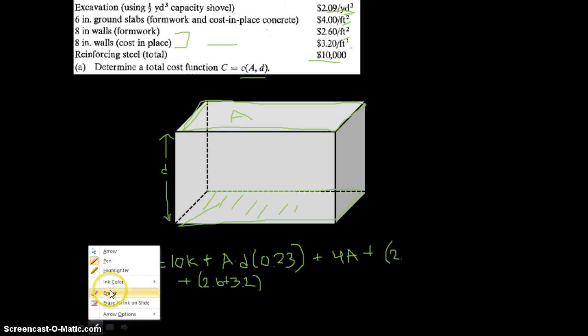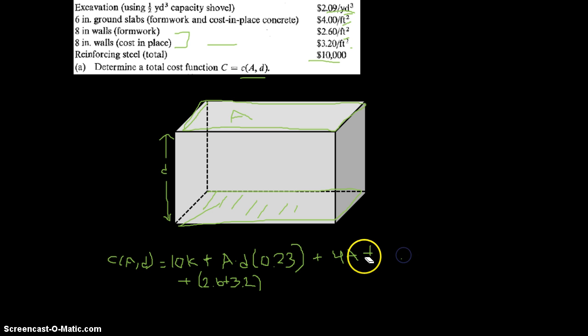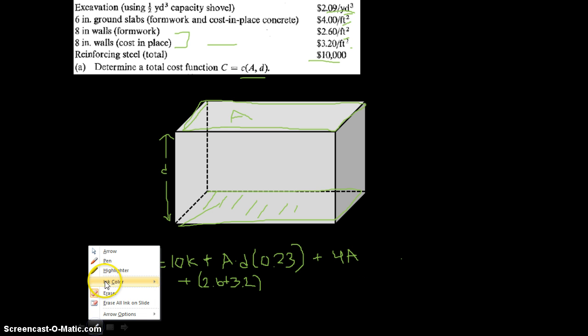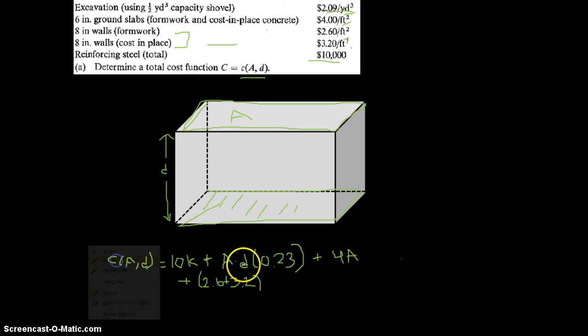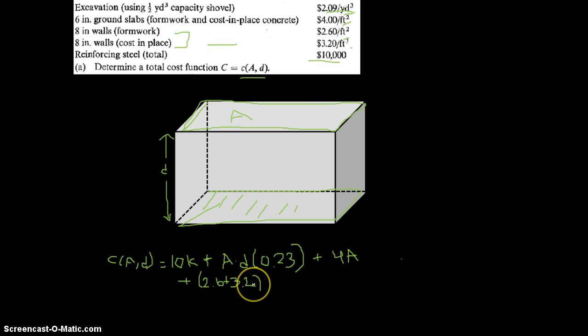So that's going to be 2.6 plus 3.2. And we know that we have 4 different walls here, so that's times 4 walls. Now we need to figure out what the area is for each of these walls, because the units are in square feet.